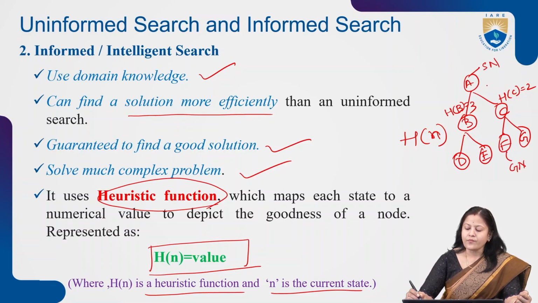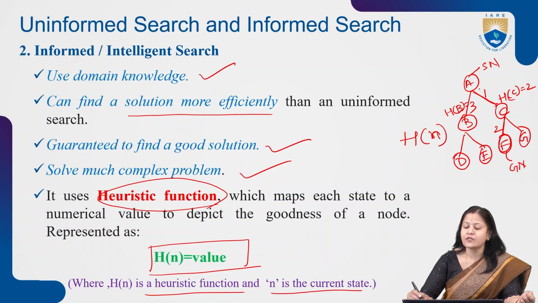Now, from the start node to the goal node, what would be the distance? Some actual distance would be there. For example, from A to G the distance is 1, and from C to F the distance is 2. So the actual distance from node A to node F is 3. Whereas the heuristic value of C is given as 2.